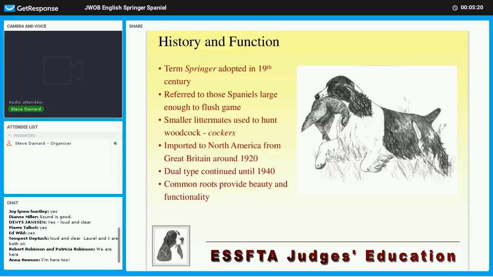So English Springer Spaniels have been around for a long time, and really English Springer Spaniels are the largest of the Flushing Spaniels. There's a lot of relatedness through to the other woodcock cockers in particular. Some of the earliest imports to North America from England really came to Canada in the early 20s.